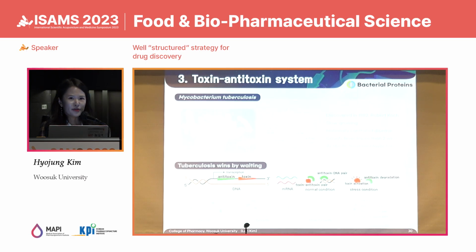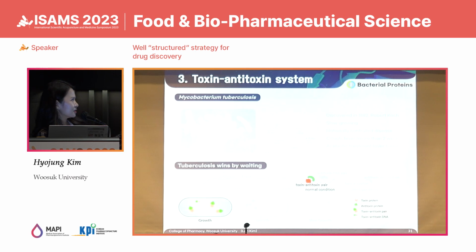So there are many theories about why they have dormancy, but this is the well-supported theory. They do have toxin and antitoxin operons in their DNA. These operons share the same promoter. And in normal conditions, the antitoxin and toxin will be translated to proteins.